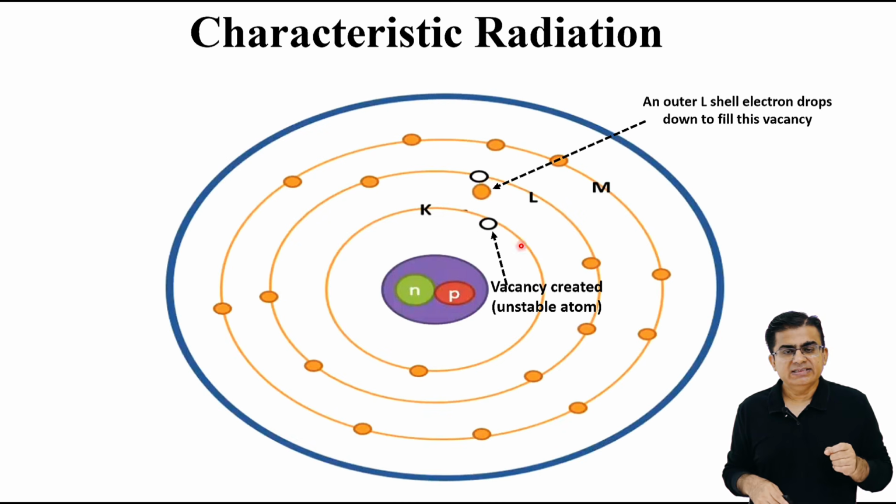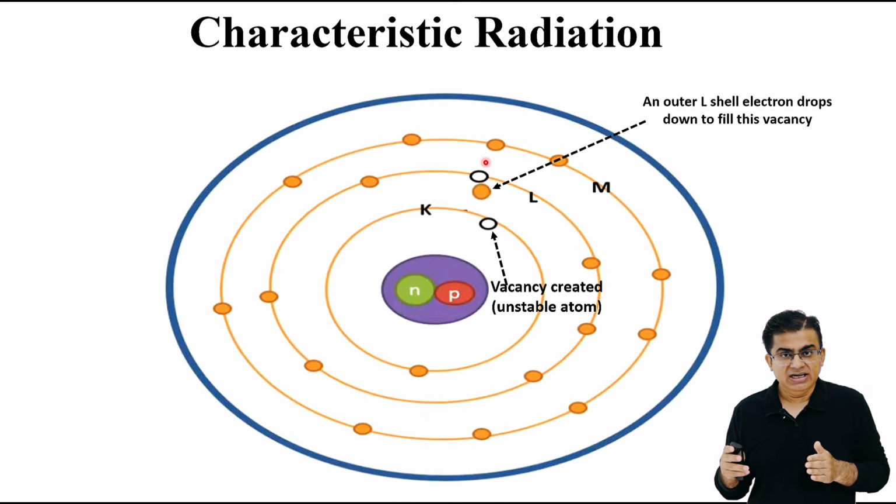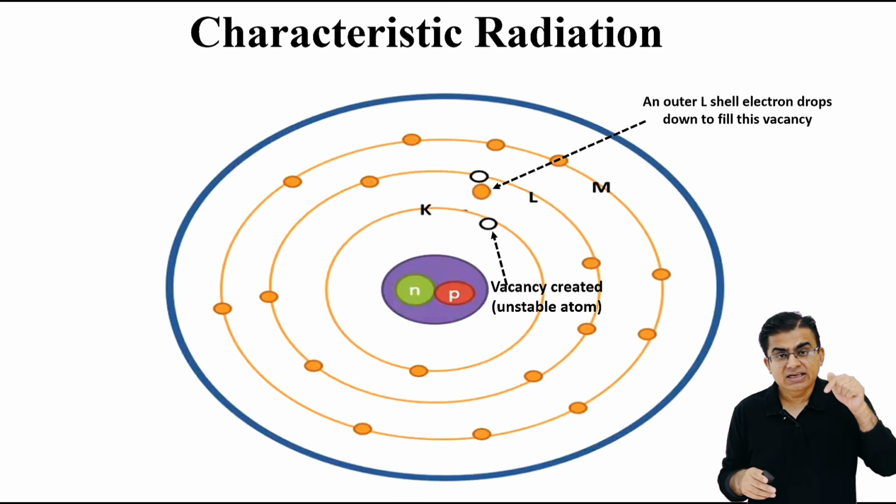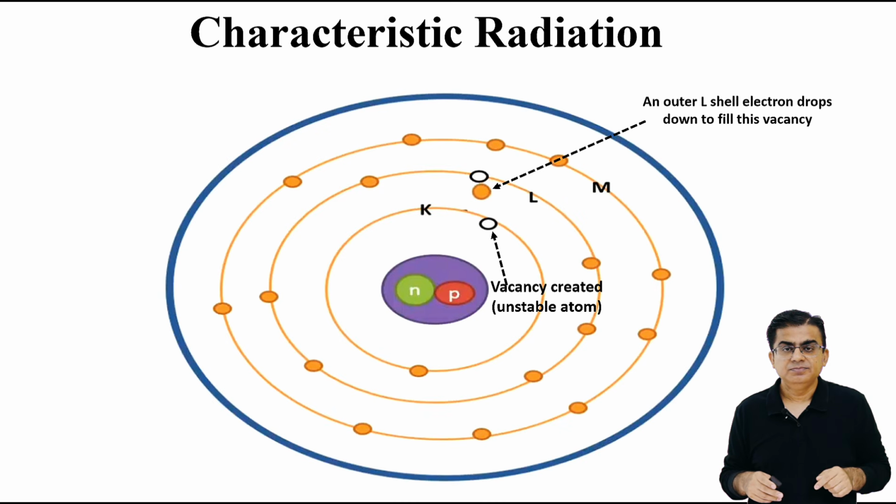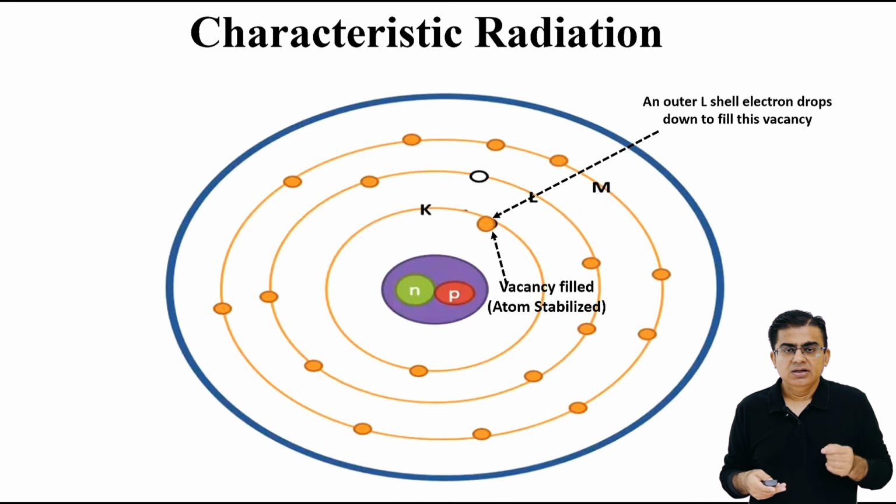To heal this empty space, an electron from the higher L shell immediately drops down to fill this vacancy in K shell. You can see the specific outer electron falling into the inner K shell right now. By filling this vacancy, the target atom successfully stabilizes itself.